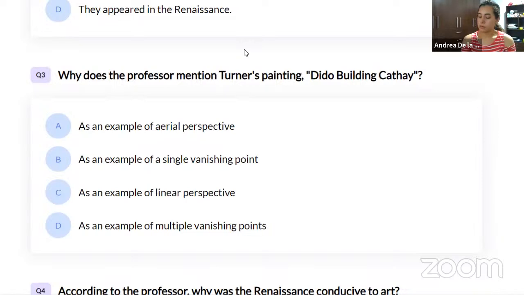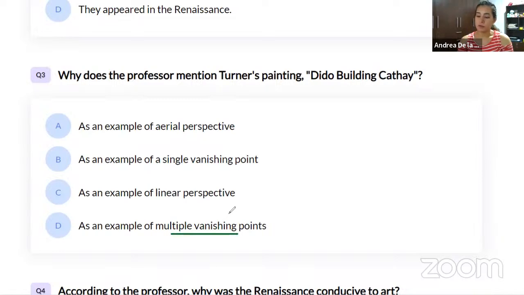Anyone? It's kind of the same, right? The most important part is when does the professor mention these buildings? Was it when they were talking about aerial perspective, vanishing points, linear perspective, or multiple vanishing points?